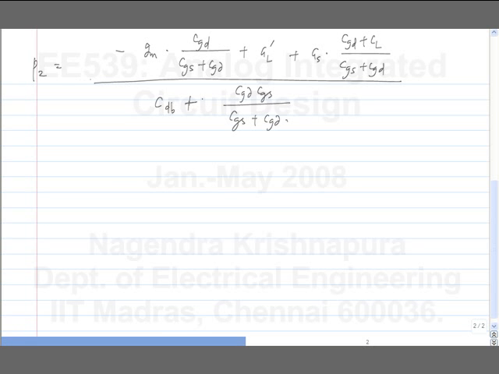What is the unity gain frequency of this amplifier? Assuming that P2 is at a very high frequency, beyond the unity gain frequency, what is the unity gain frequency? That's true.